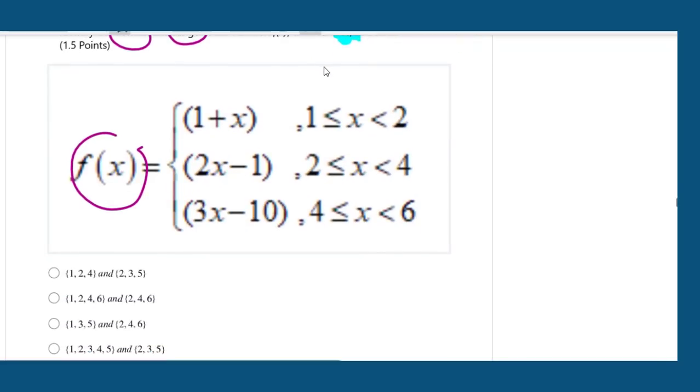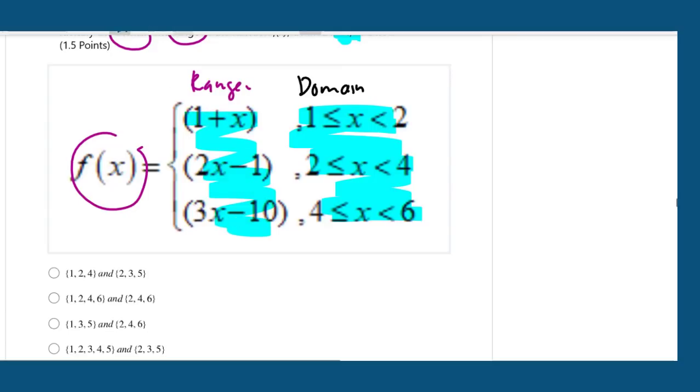Given the piecewise function, from here this is the domain, and this is the range. Define the range of the graph. And from here, change to number 9.